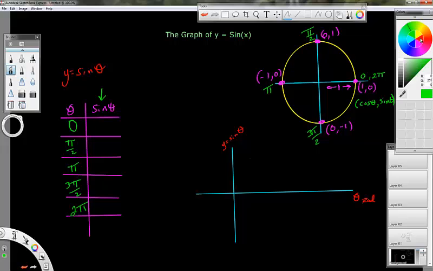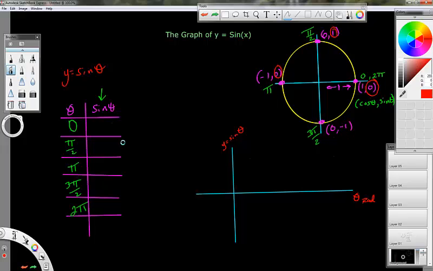I'm going to circle them in red, and then I'm getting rid of it because it's going to clutter up everything. At these points, 0, pi over 2, pi, 3 pi over 2, and 2 pi, that's here, here, here, here, and then back to here, the values are just going to be 0, 1, 0, negative 1, and then back to 0. So I can fill these out.